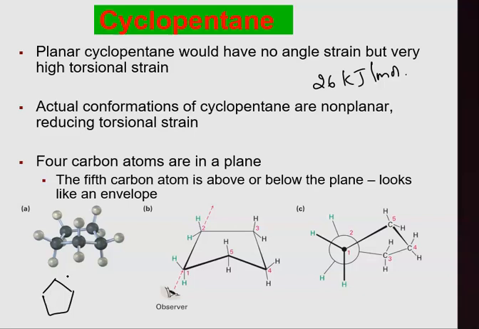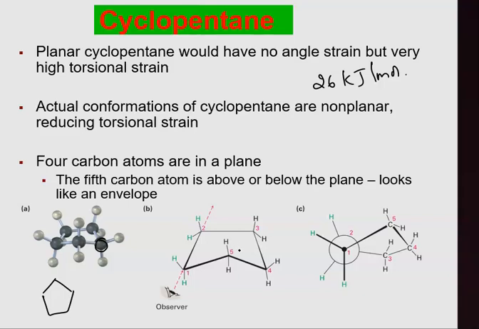So to reduce that torsional strain, cyclopentane adopts a puckered structure where four carbon atoms are in the same plane, but this fifth carbon atom goes out of the plane, and that makes the hydrogen atoms not eclipse each other anymore. Four of the carbon atoms are in one plane, but the fifth carbon atom comes out.